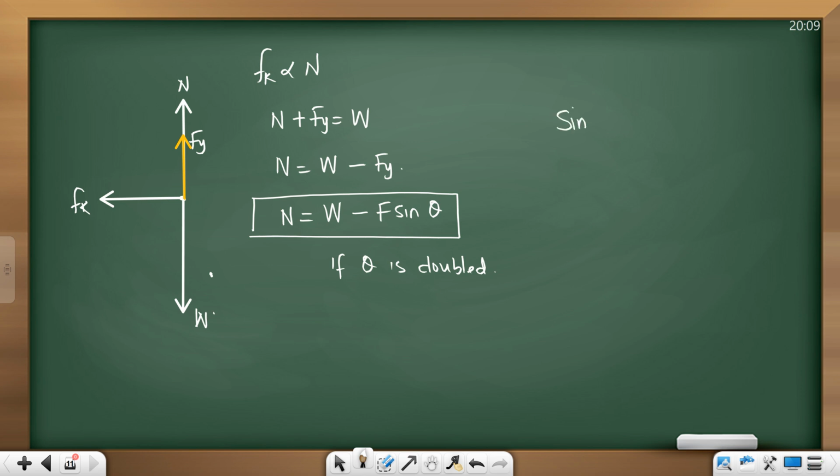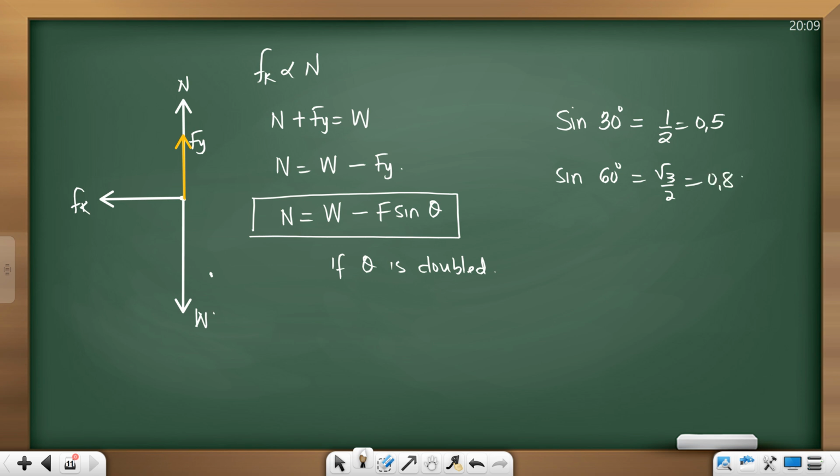Let's look at an angle. Let's use a special angle. Some of you did trig last year. What is sine 30? Sine 30 is half. What is sine 60 degrees? Root 3 over 2, 0.8.